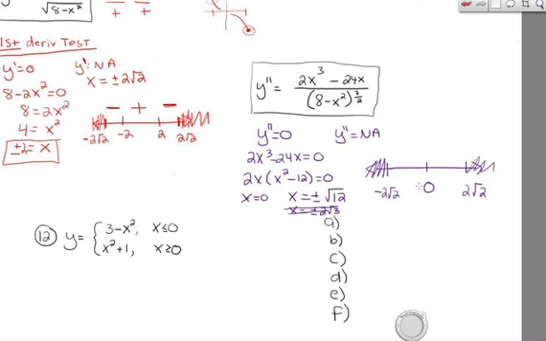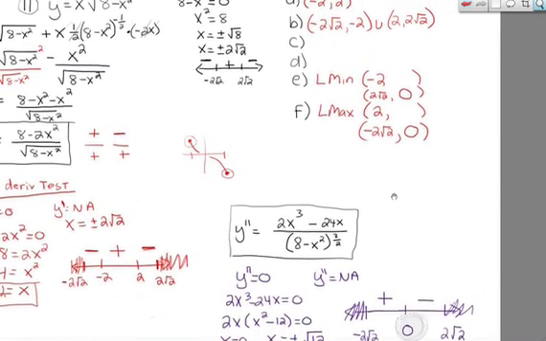Okay, we are almost done. So now I'm going to pick a number between 0 and this, like 1. And on the top, I get what appears to be a negative. The bottom would be a positive. And then on top, if I plug in like -1, that's going to end up giving me a positive value. And so I am pretty much done.